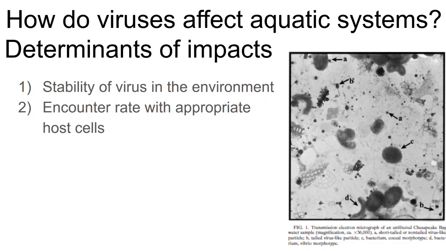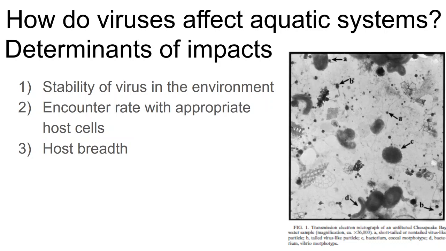So if it's unlikely to encounter a host cell before something breaks its chemical machinery, then it's pretty likely that that group of viruses in that location is going to be reduced over time and is going to go away. On the other hand, if hosts are common, then there's a pretty good chance that those viruses are going to be able to encounter those hosts, infect them successfully, and increase in number.